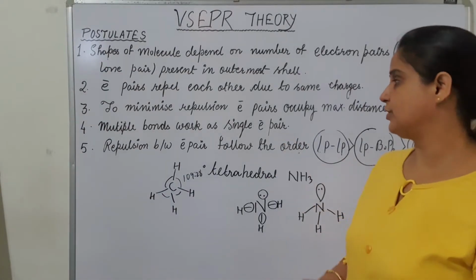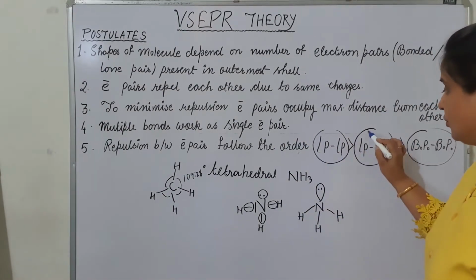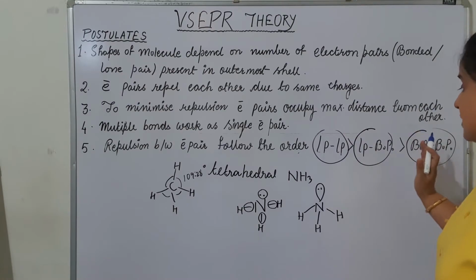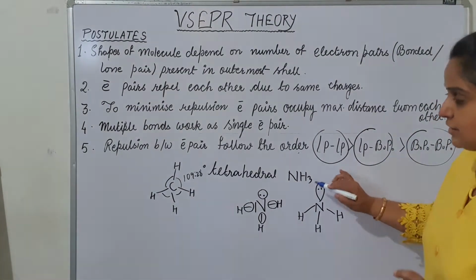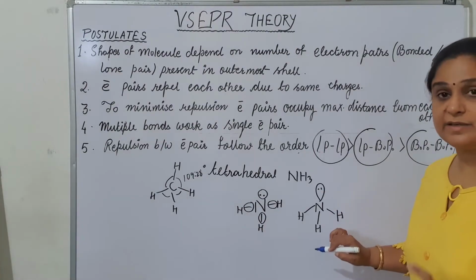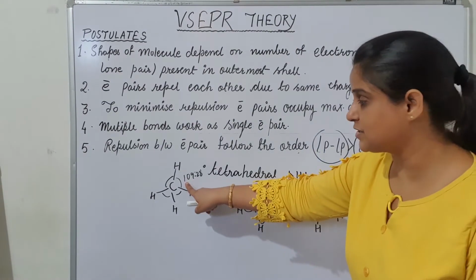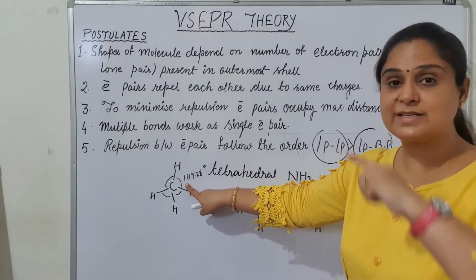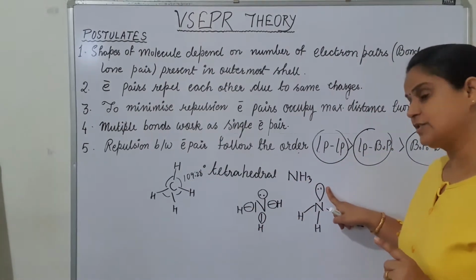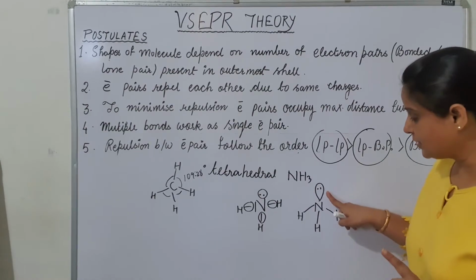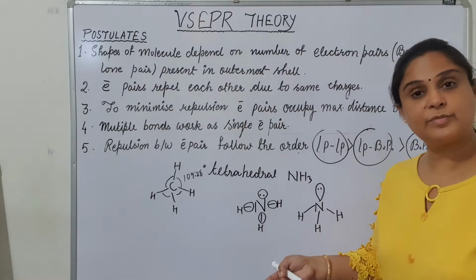Now as I have told you, the repulsion between lone pair and bond pair is somewhat more than between bond pair and bond pair. Now what will happen? This should be a perfect tetrahedral, but a perfect tetrahedral is possible only when the same kind of bond electron pairs are there. You can see here there is one lone pair, and lone pair-bond pair repulsion is more than bond pair repulsion.